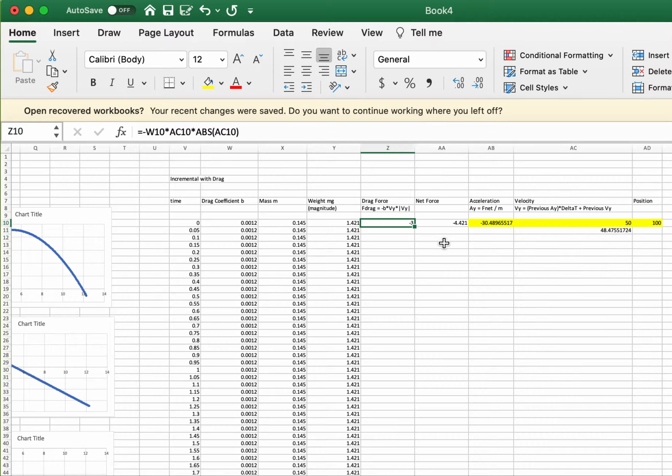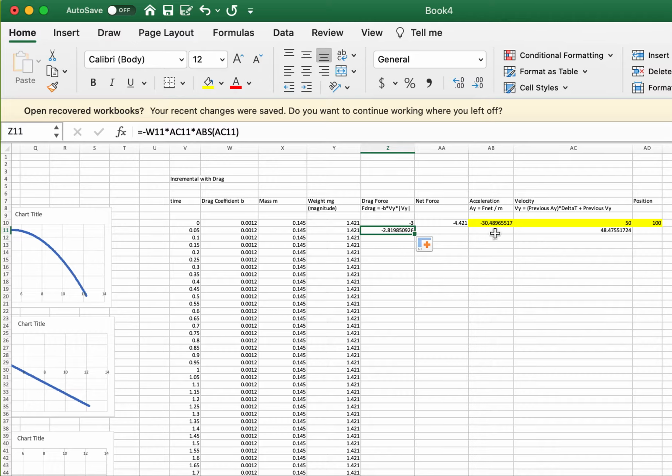So it's like one plays off the other, and then the other plays off the previous one. Now our drag force will be found by your coefficient times your velocity times the absolute value of the velocity.